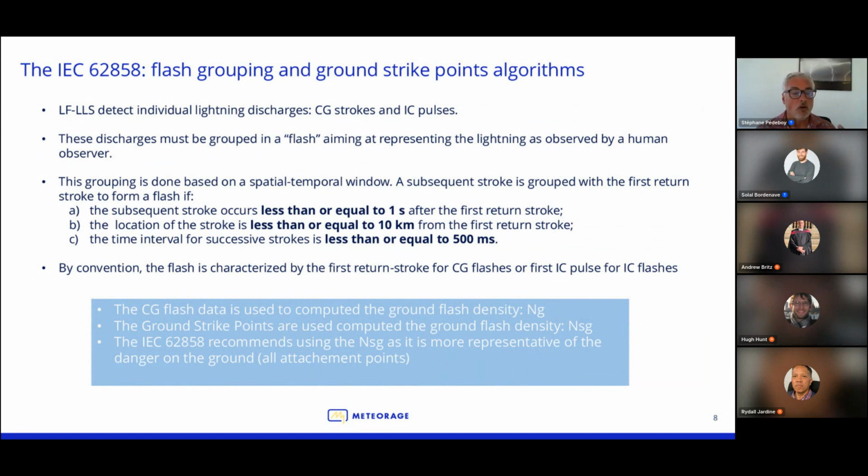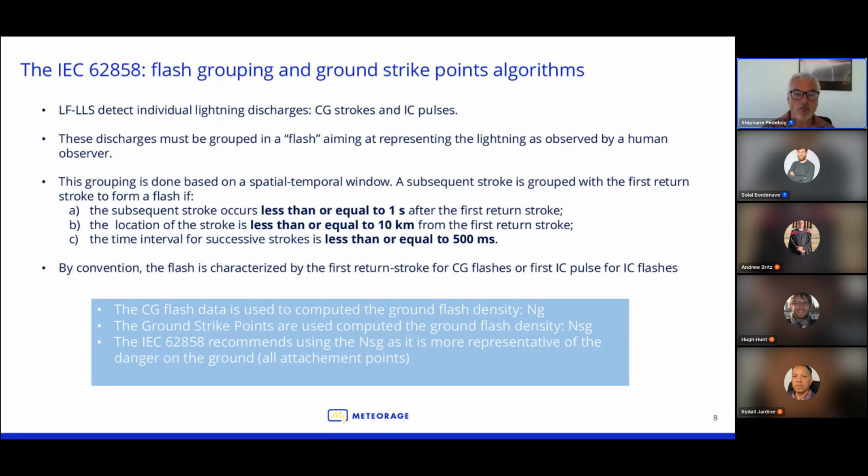In respect to the first discharge, the first return stroke located by the system, the subsequent strokes must occur within a delay not higher than 1 second, which, we all know this now, is a pure limitation. I think that 95 or 98% of all the flashes have a delay less than this 1 second.